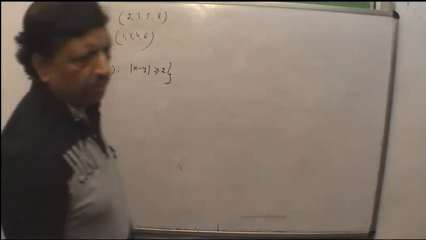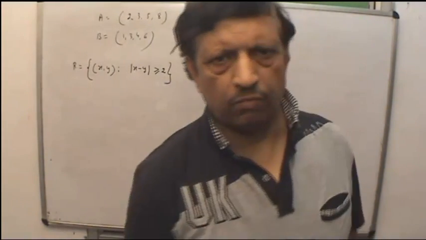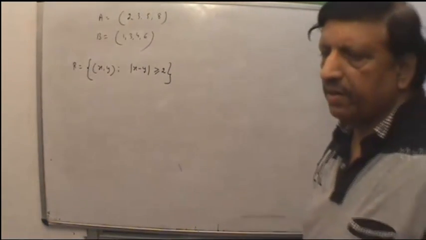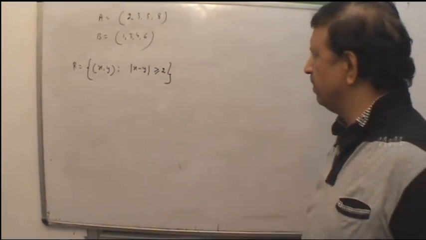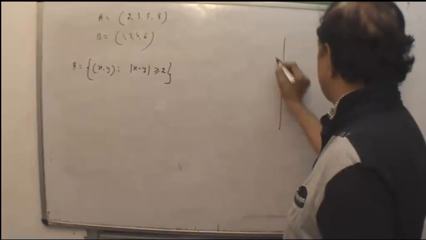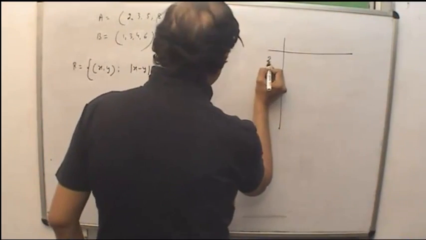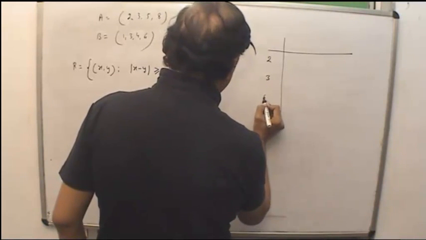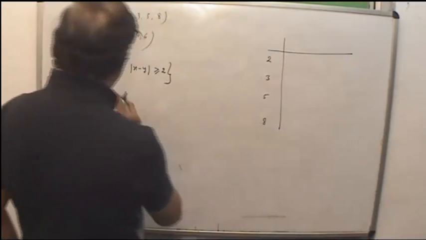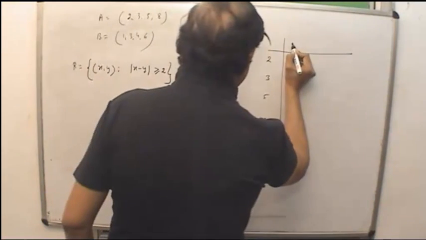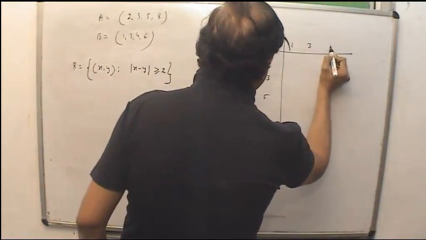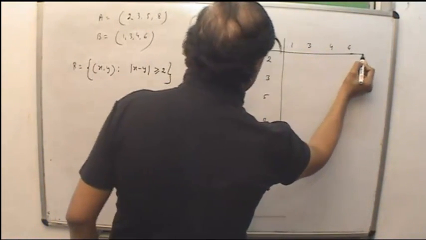That's the problem. Now we have to derive the relation according to the given condition. That's the same procedure we have. A: 2, 3, 5, 8. Then B: 1, 3, 4, and 6.